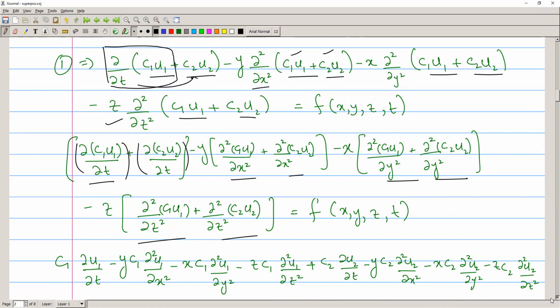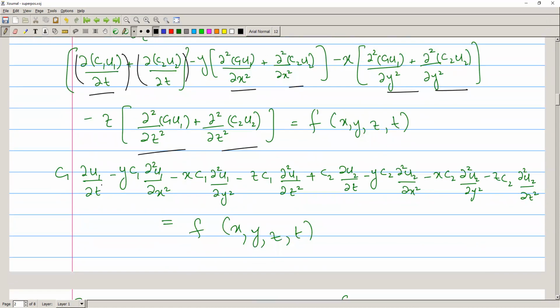Now we will simplify it more. We will put this C1 out. So we're left with dou U1 over dou t minus y times C1 dou squared U1 over dou x squared, minus x C1 dou squared U1 over dou y squared, minus z C1 dou squared U1 over dou z squared, right?